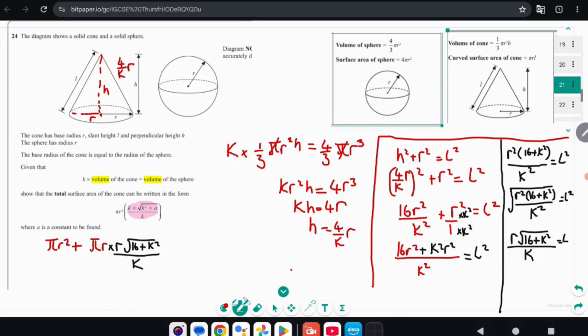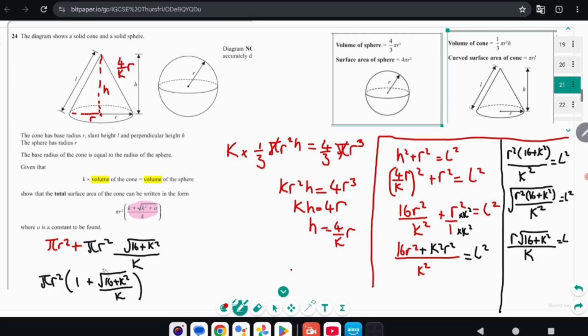So pi times r, I'm just going to read that as pi times r squared. They factorised by taking out pi r squared, which gives us this 1 plus root 16 plus k squared all over k.